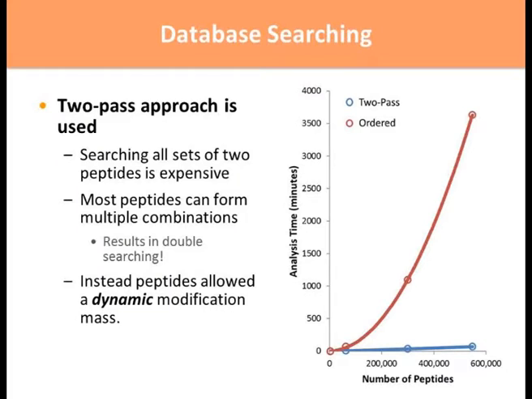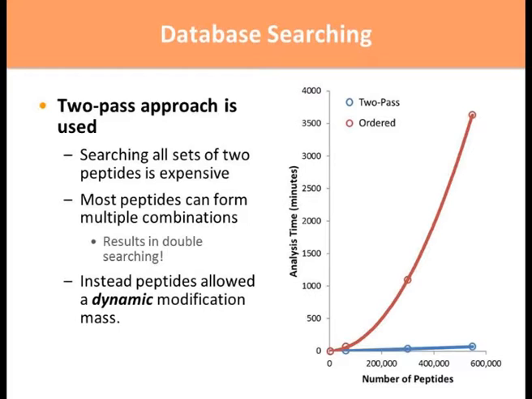But if you were doing it for a larger protein database that has 200 peptides, you now have 500 minutes of analysis for that single spectrum. Or if you were using a really large database, such as the human proteome, it could take 3,500 minutes for that single spectrum, because of all the different combinations of two peptides that are possible to make in the entire database. So as the number of peptides increases, so does your time.